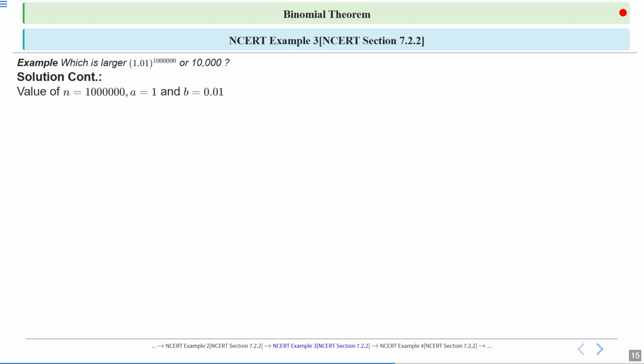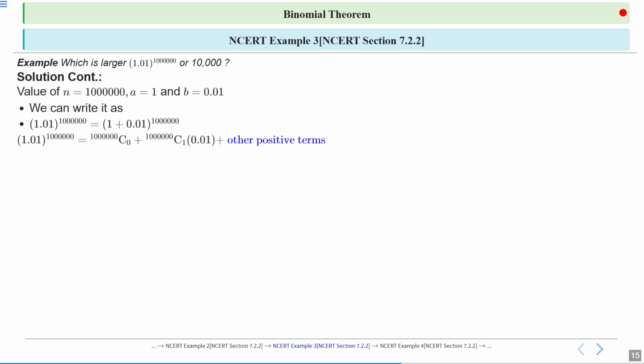So the value of n is 160, a equal to 1 and b equal to 0.01. These values will be substituted in the binomial theorem. So we can write it as 1.01 to the power 160 equal to (1 plus 0.01) to the power 160.